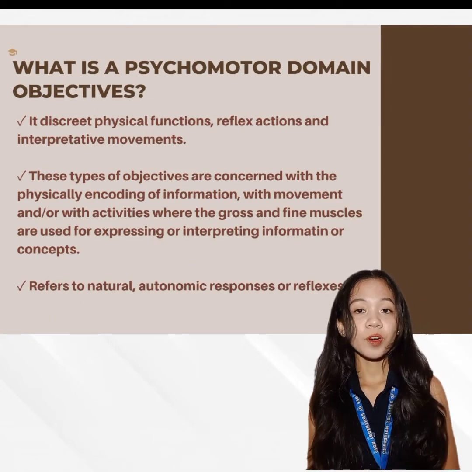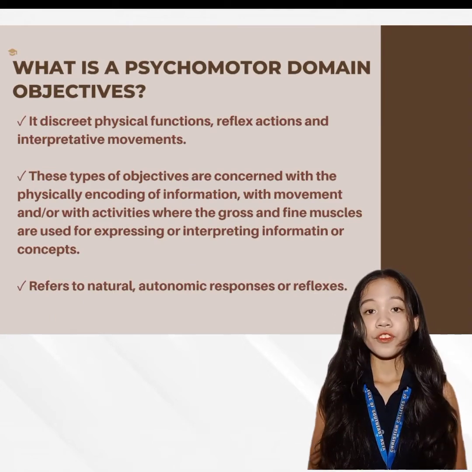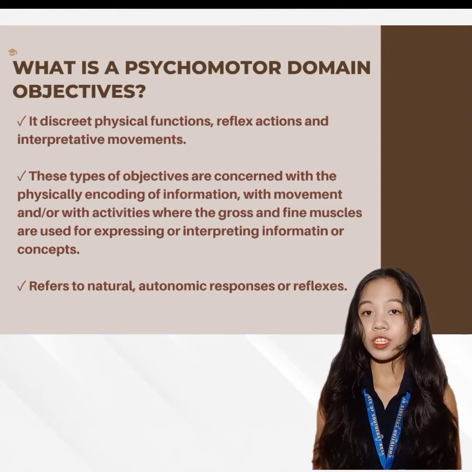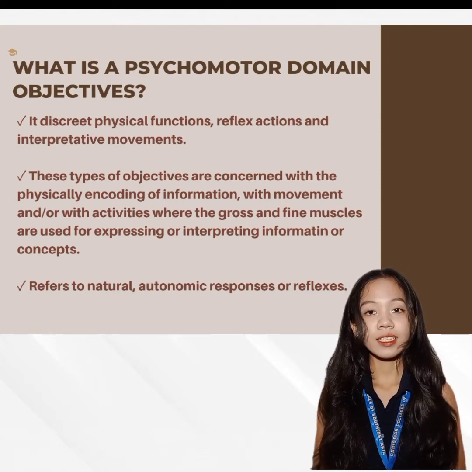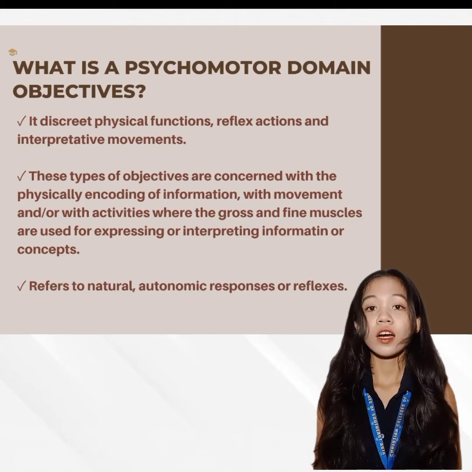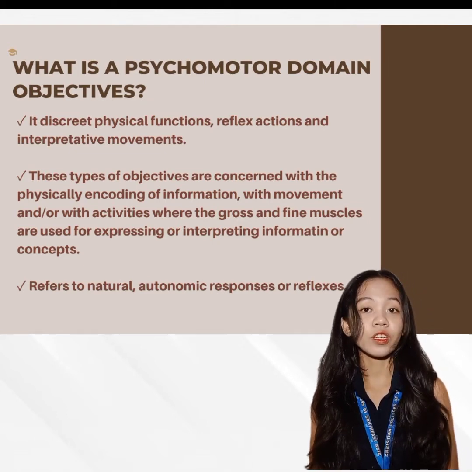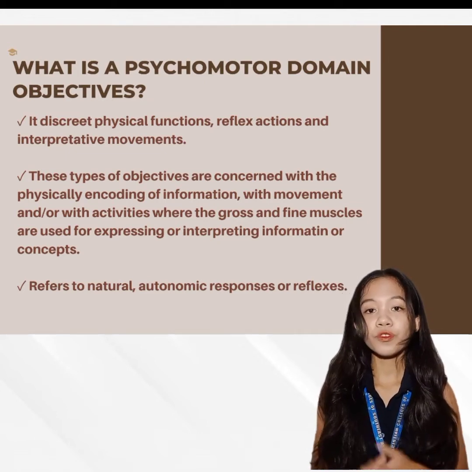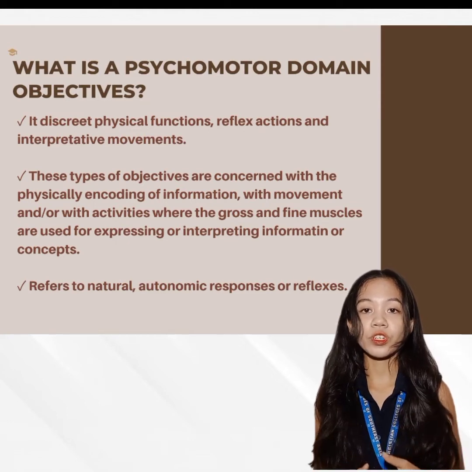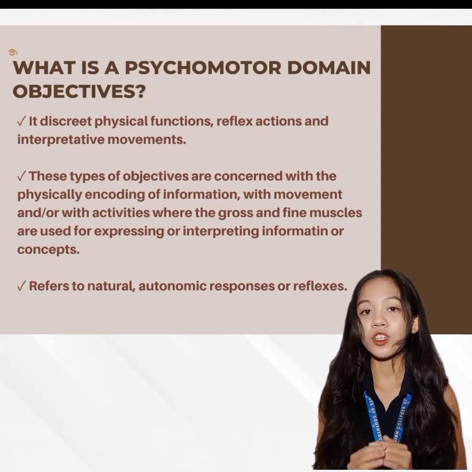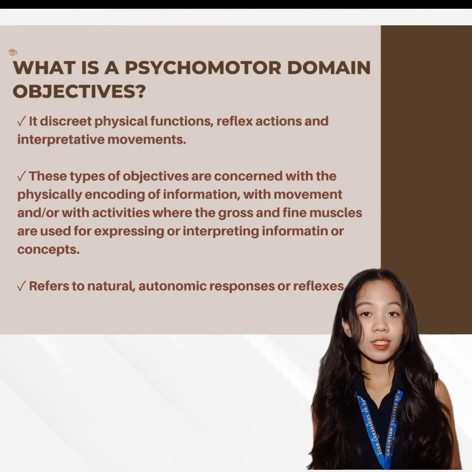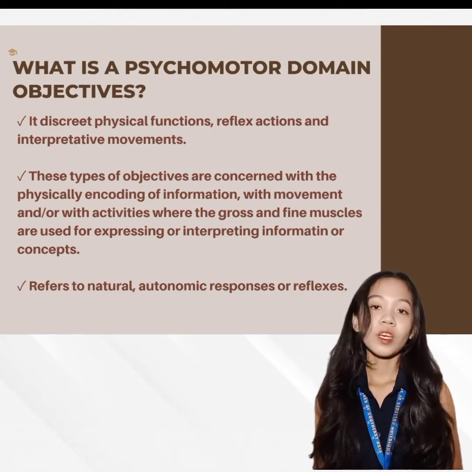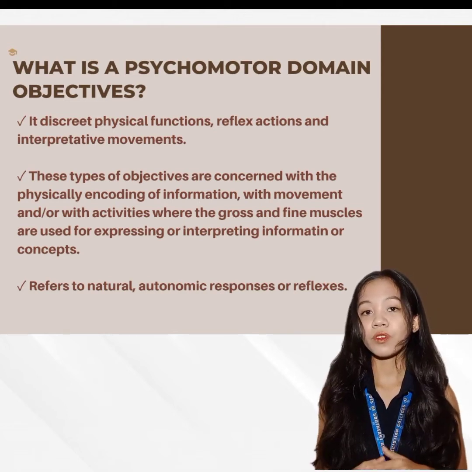So what are psychomotor domain objectives? First, discrete physical functions, reflex actions and interpretative movements. Second, these types of objectives are concerned with the physical encoding of information, with movement, or with activities where the gross and fine muscles are used for expressing or interpreting information or concepts. The third refers to natural autonomic responses or reflexes.